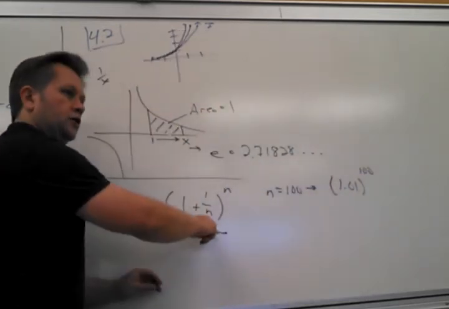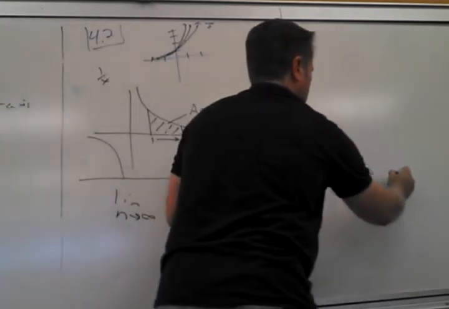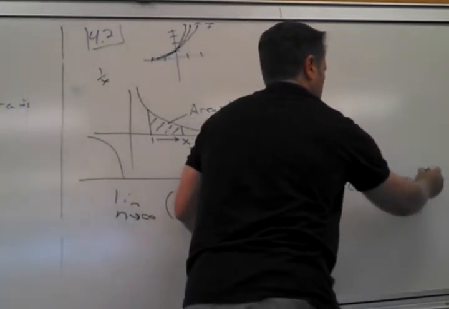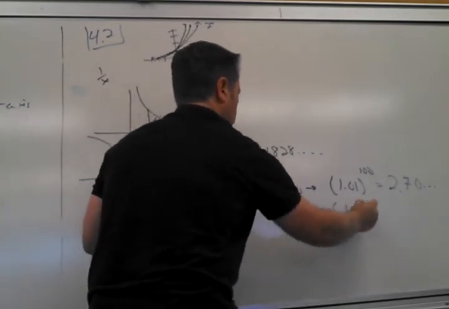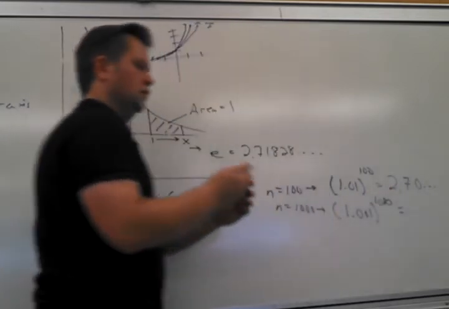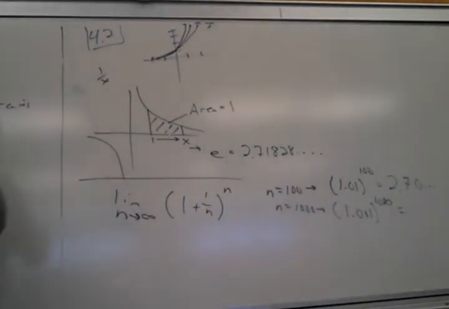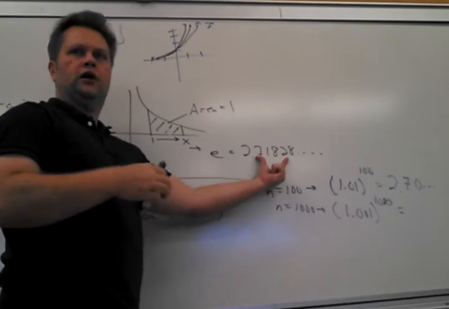If I do n equals 100, 1 plus 1/100 to the 100th power, what do you get? 2.70. Now if I put 1,000 in there, I'll get even closer to e. 2.71692. Yeah, I'm getting closer and closer to this number.